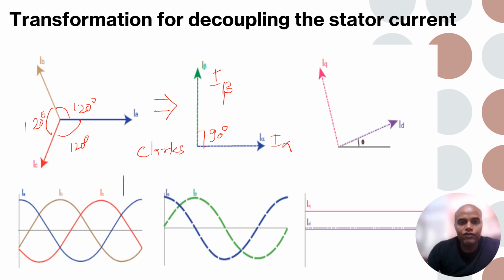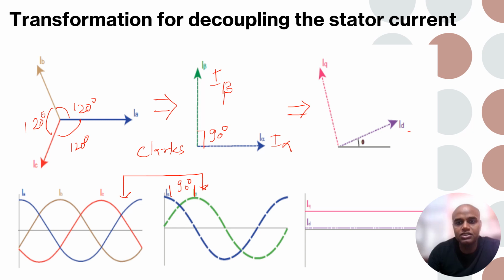So the three-phase waveform is converted into two orthogonal components, two phases placed orthogonally, so they are 90 degrees apart. Further to this, it is converted into two axes: one is the direct axis component, the other is the quadrature axis component.